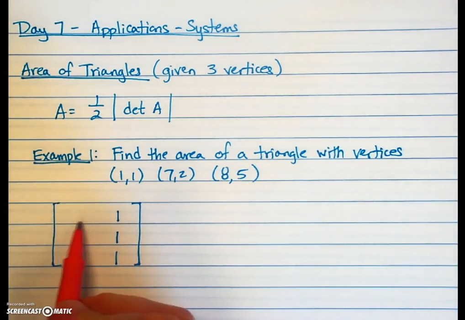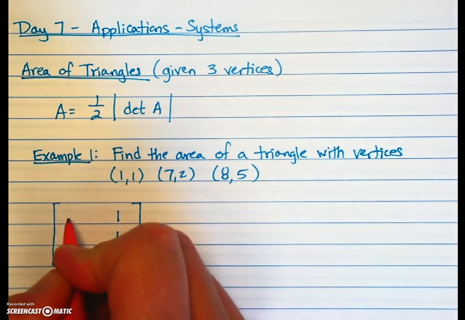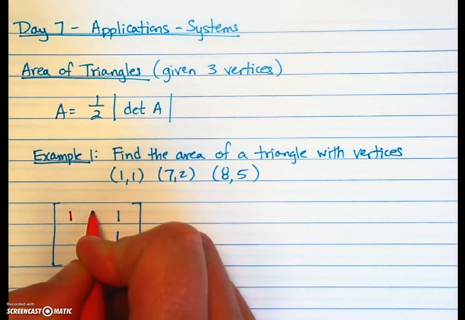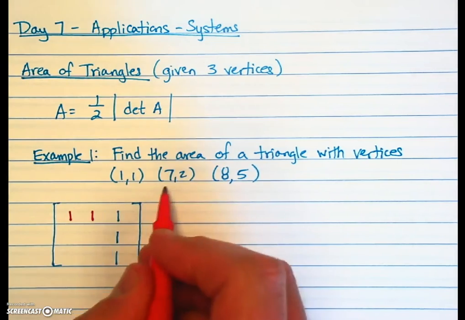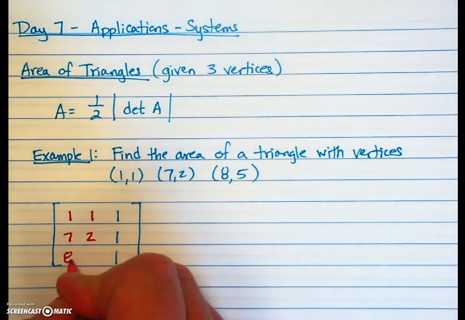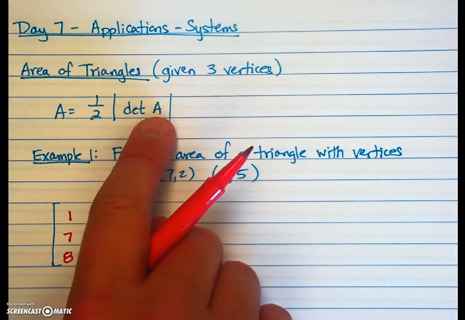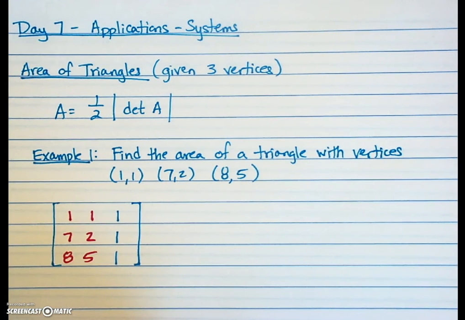But the first two columns, and this will be a 3 by 3, the first two columns will be the coordinates of my vertices. So this coordinate goes there in row 1, 7, 2 goes in row 2, and 8, 5 goes in row 3. So now I've got my matrix, which we're calling matrix A here for our formula.